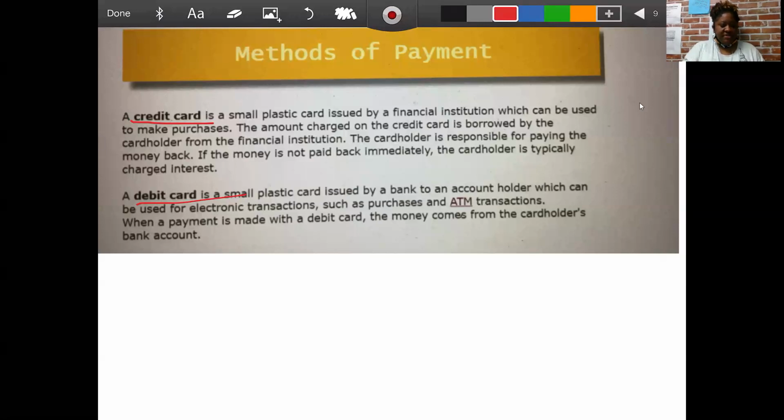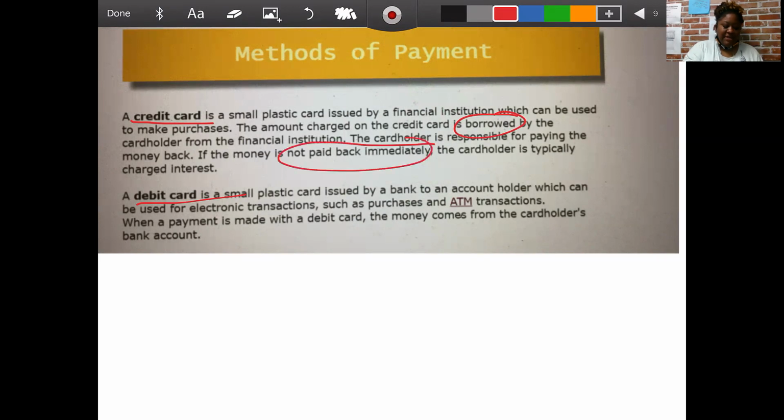Okay, so you need to know the difference between a credit card and a debit card. A credit card is money that you borrow, okay? So that's important. You borrow that from a bank, and if you don't pay it back immediately, they charge you interest. So they charge you more than what they gave you.